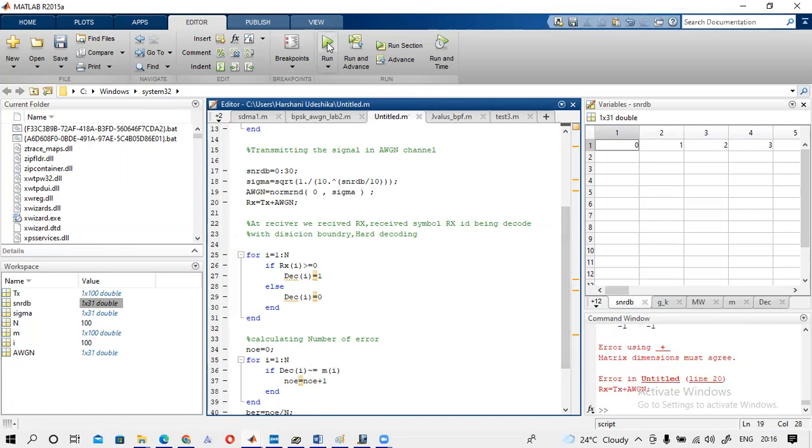I will run it again. So the matrix dimension, this is Tx plus AWGN. So we have an error with this one.